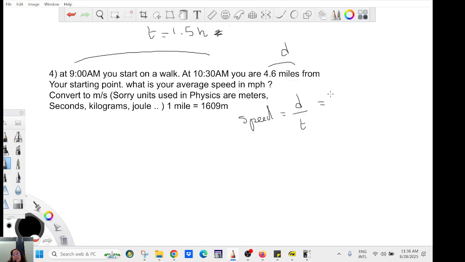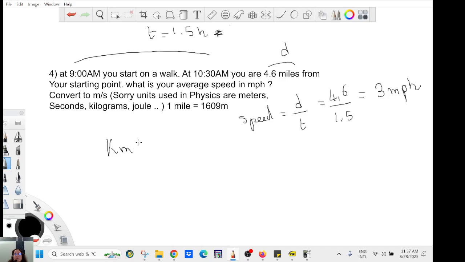So it's going to be the distance 4.6 divided by 1.5, which is about 3 miles per hour. Okay? And then they want to go into meter per second.